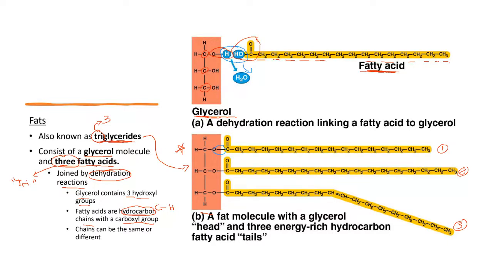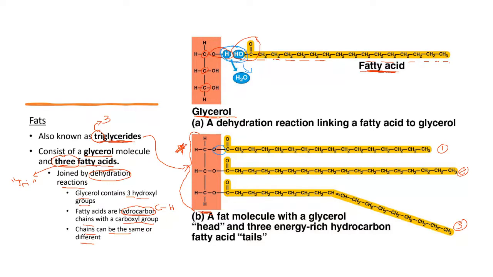Now chains or fatty acids can be the same or different. So let's look at this triglyceride molecule. It has a glycerol molecule. Talked about it already. We are going to go through 3 dehydration reactions. Remember dehydration, get rid of water, make a covalent bond, like I showed you over here.